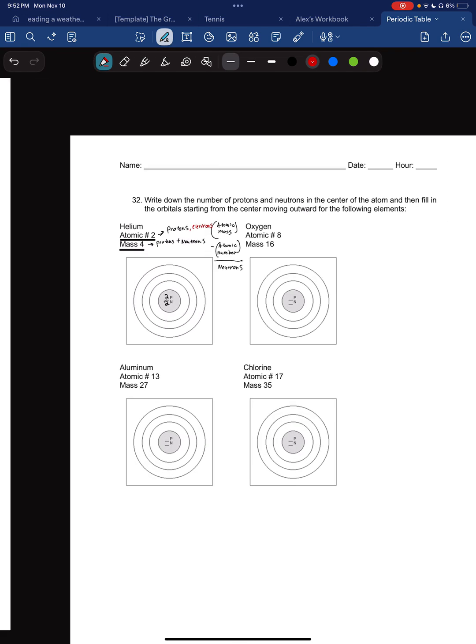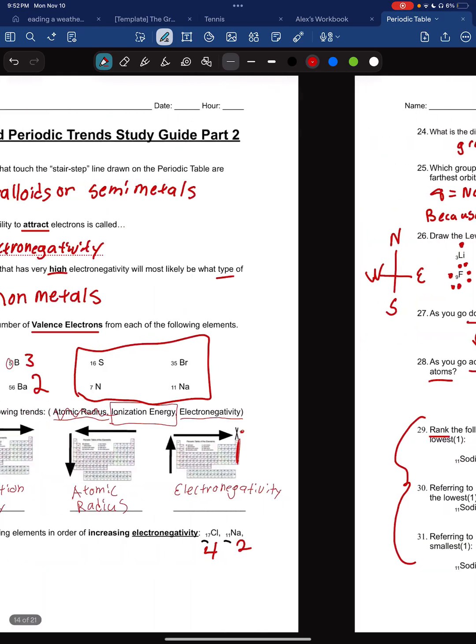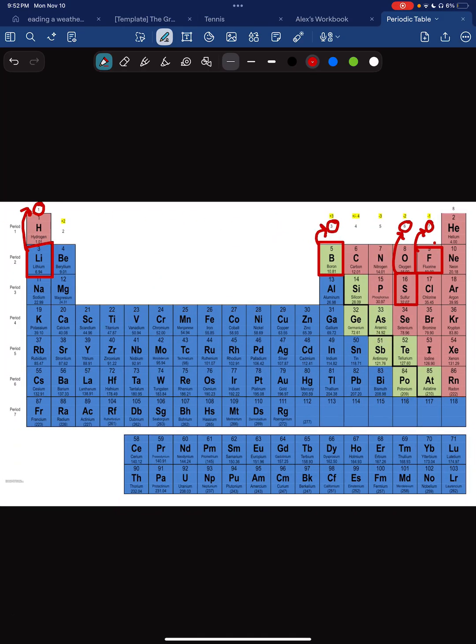So when you're looking at your periodic table, each period represents 1 orbital. Okay, so your first period is your first orbital, and helium falls into that first period.